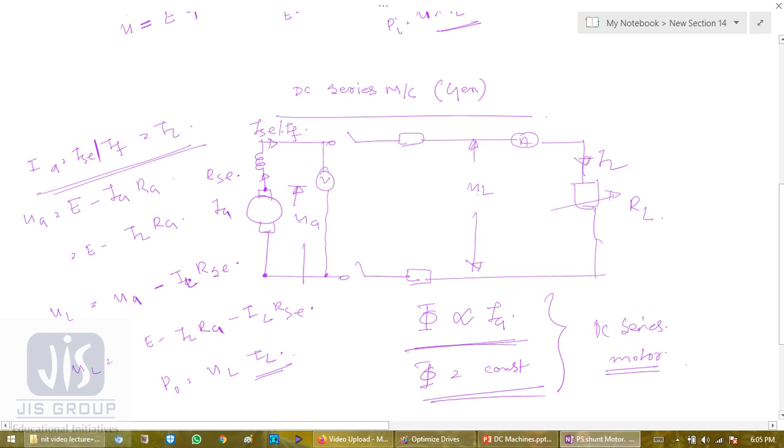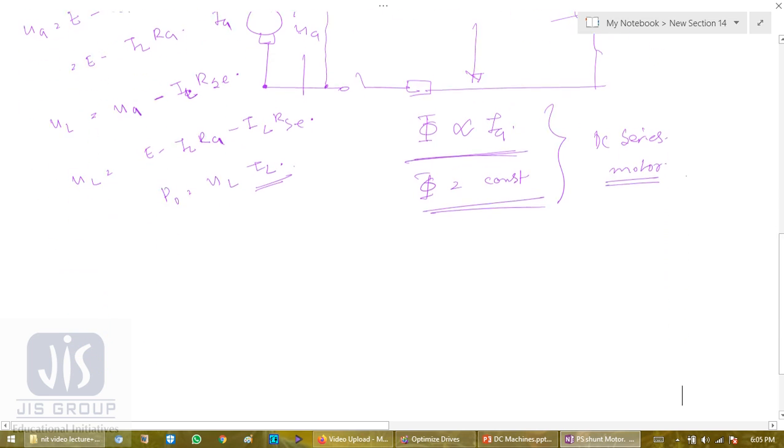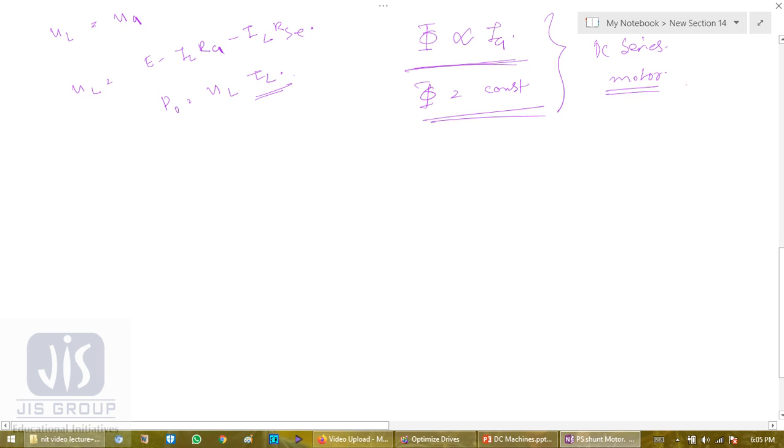Okay, so what is the circuit of the DC series motor now? We have to give supply from an external electrical circuit, because electrical energy is converted into mechanical energy. So very simple. Series field is there, armature is there.